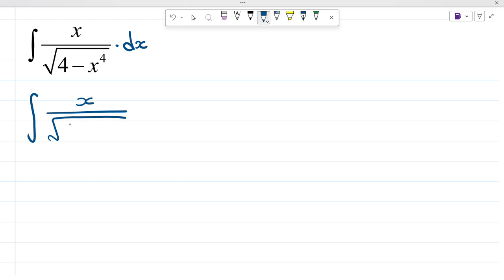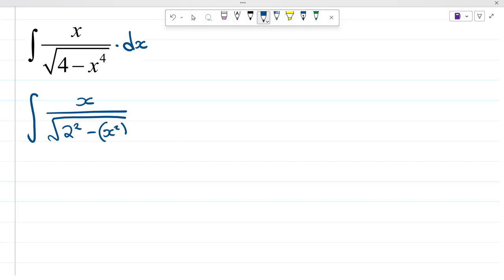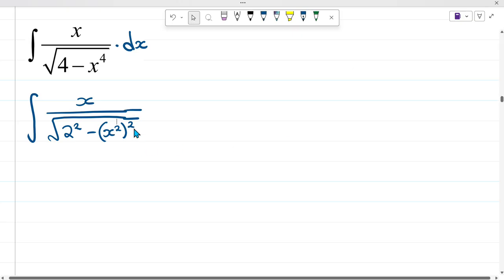So let's rewrite this in a squared format. This is going to be 2 squared minus x squared, squared. So x squared to the power 2 is the same as x to the power 4, right? And then I should not forget my dx.